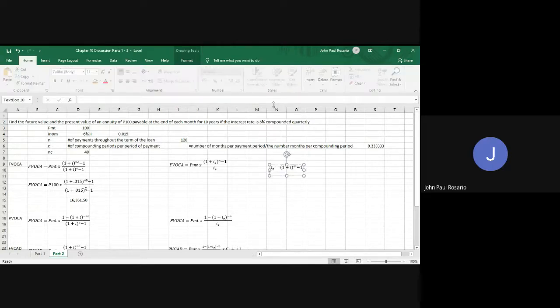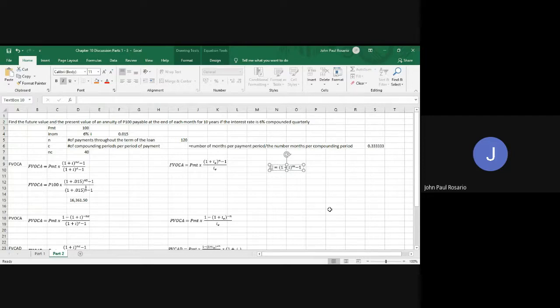Now, let's just say this is our IE sub 1, IE1, and for IE2 the formula will be the same. And then we equate our two IEs.